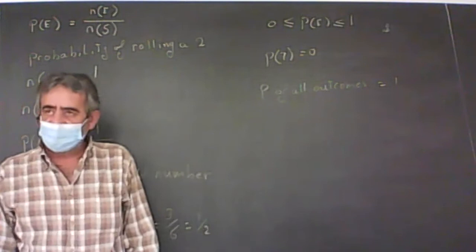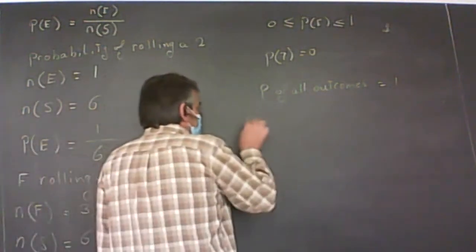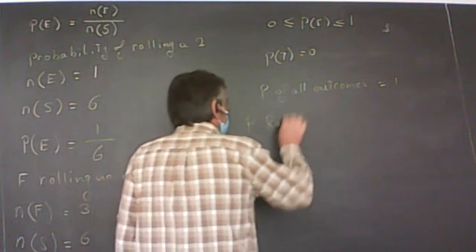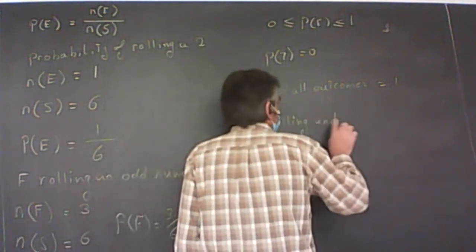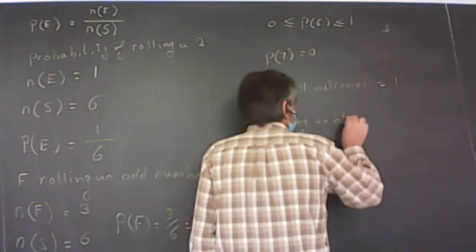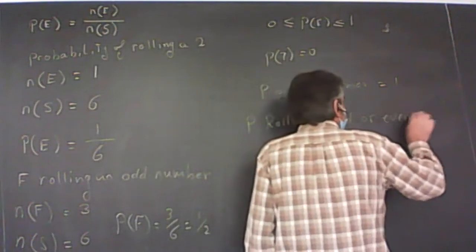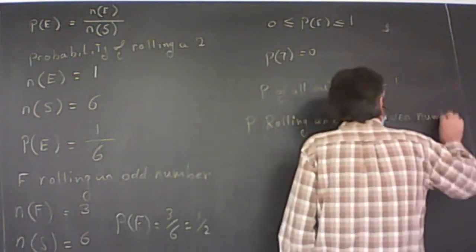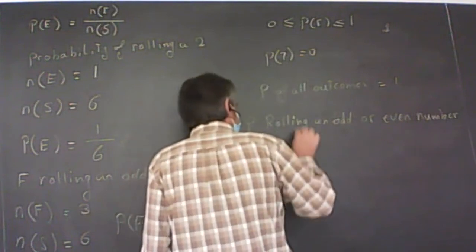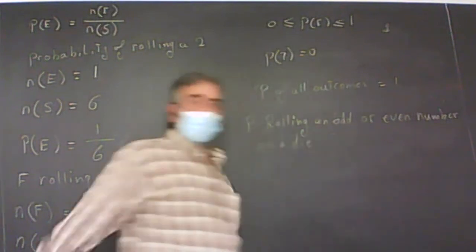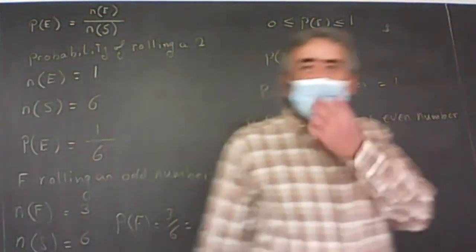So for instance, what is the probability of rolling an odd or even number on a die?